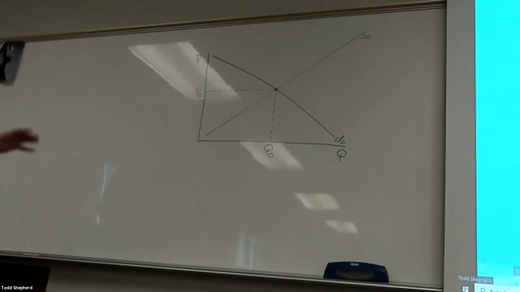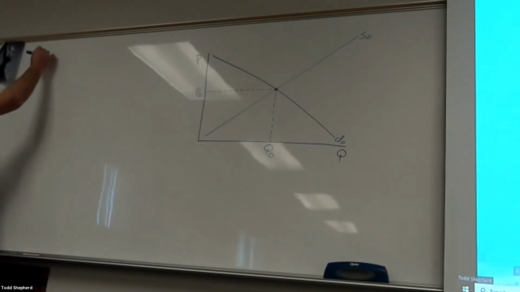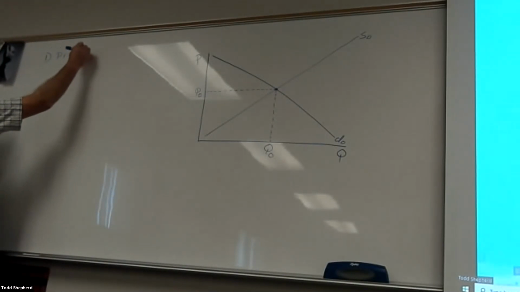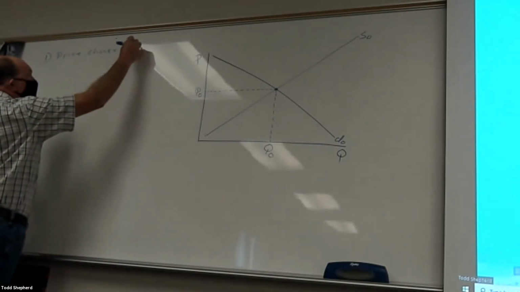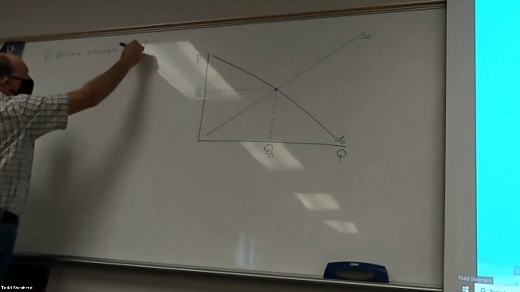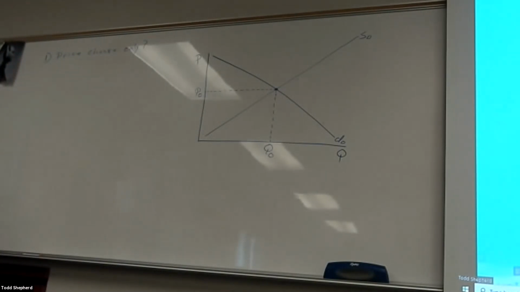All right. Then from there, you're going to want to start asking yourself a series of questions. The first one is, is this a price change only? Is this a price change only?